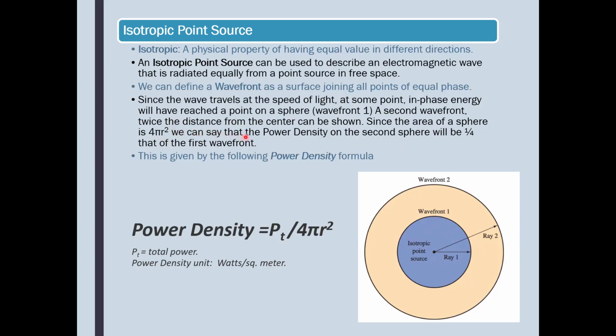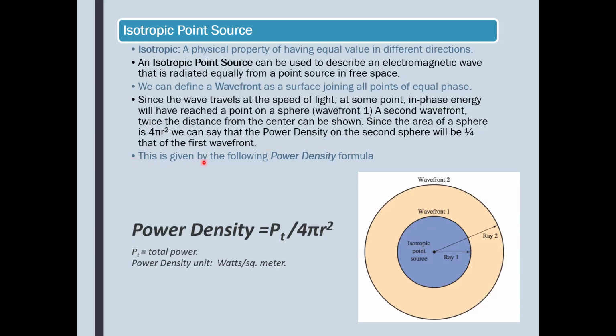We can say that the power density on the second sphere will be a quarter that of the first wavefront. You might have to look at that and read it 100 times and roll it through your mind. But we're not going to stop here.